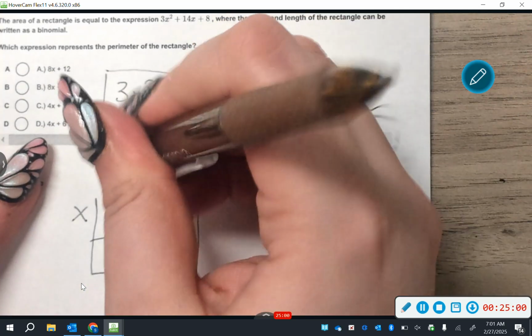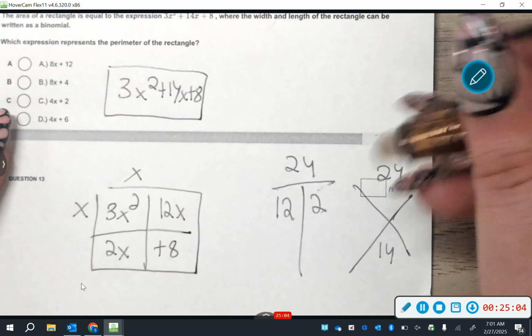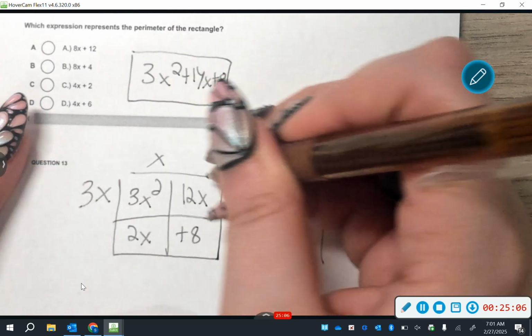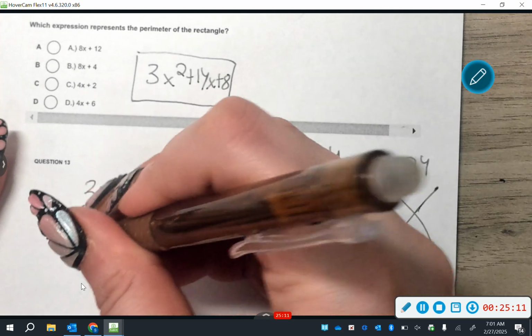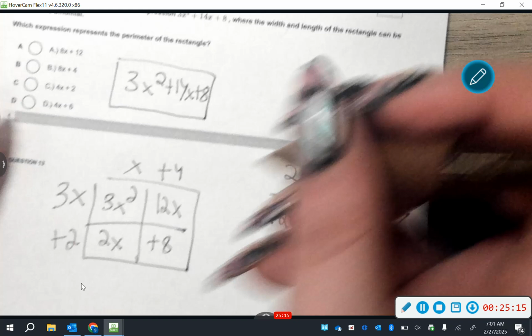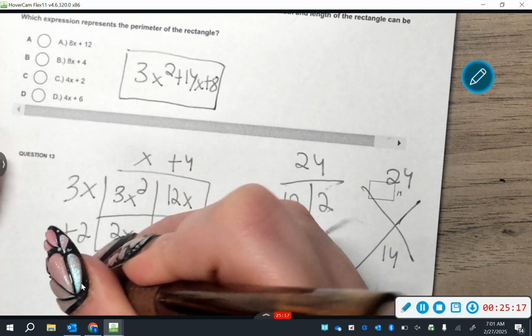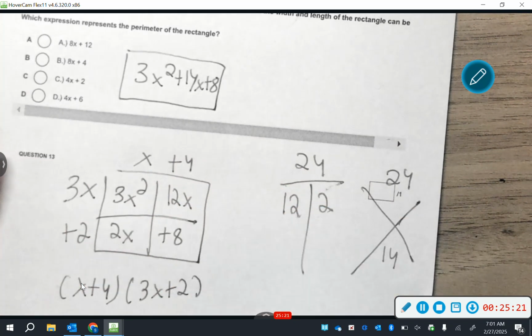I'm going to have to adjust this now because I know 3x times nothing is going to get me 2. But 3x times positive 4 gets us 12x. X times positive 2 gets us 2x. So our factors are x plus 4 and 3x plus 2.